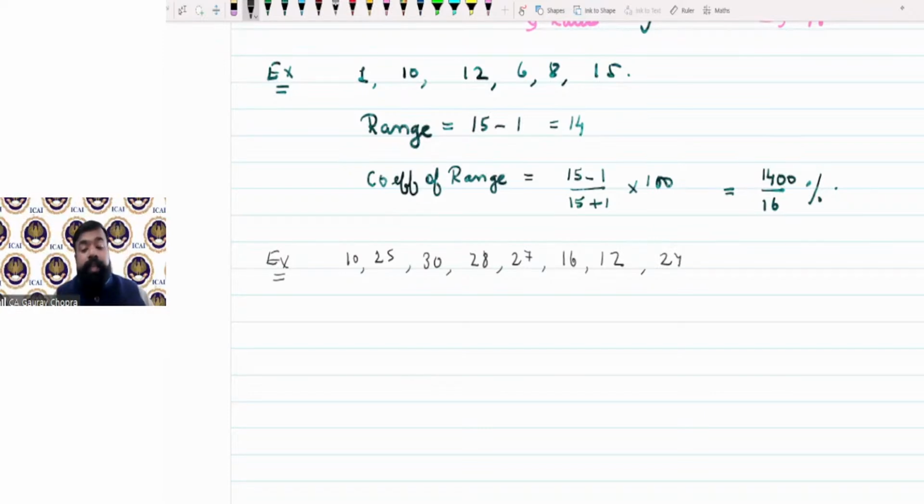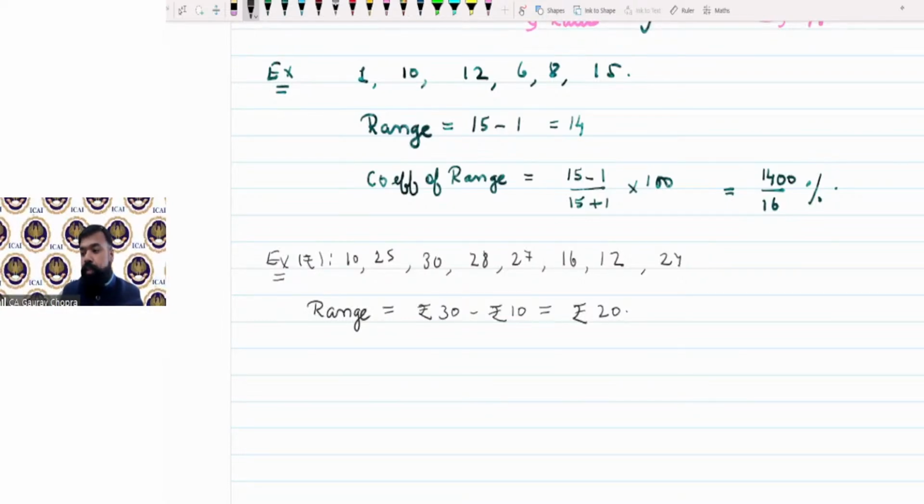All of these are in terms of rupees. Now we have to calculate the range. To calculate range, we have to see which is the highest value. The highest value is rupees 30 and the lowest value is rupees 10. Therefore, range will be rupees 20. So in this way, we can calculate range.